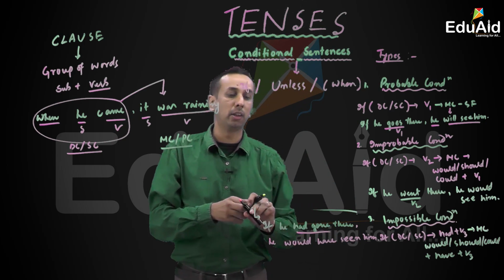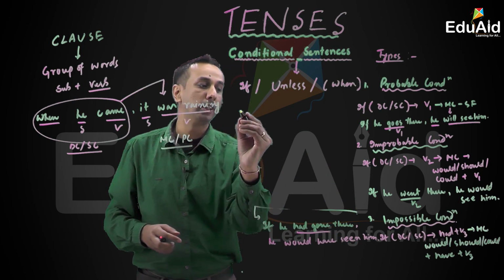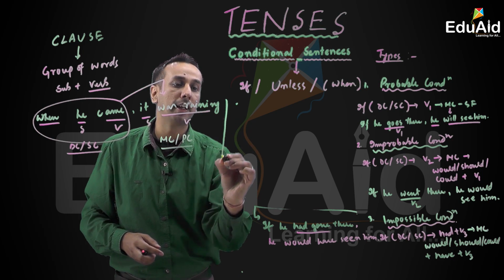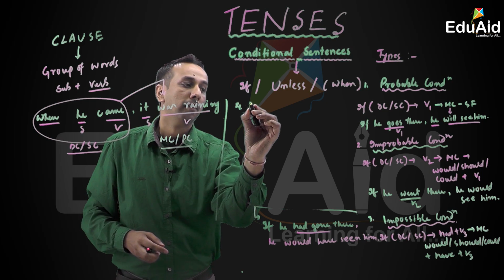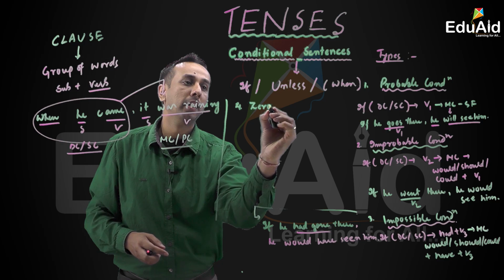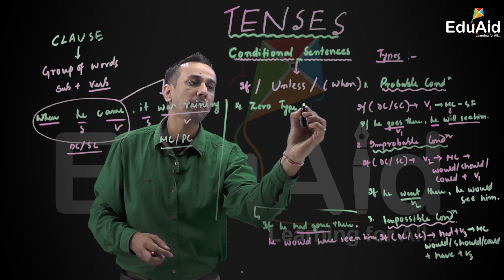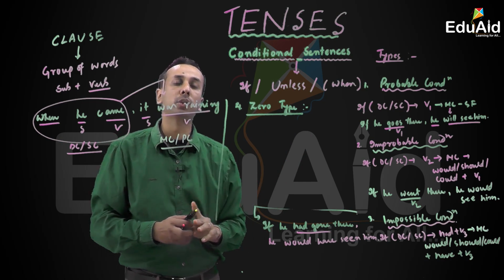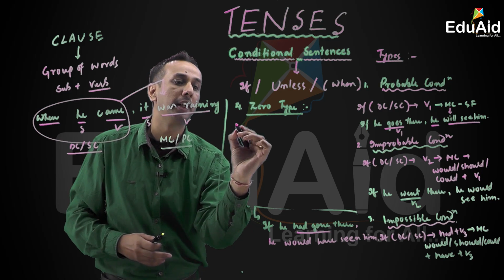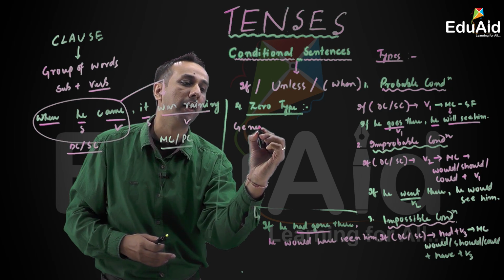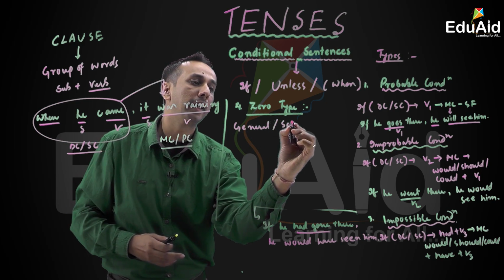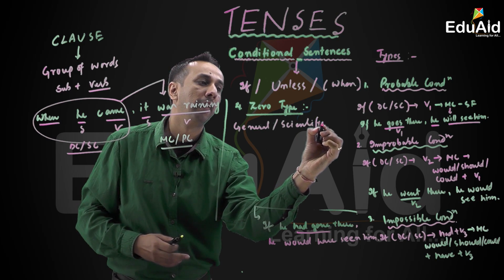In addition to that, we have a zero type as well. By zero type, what do I mean? We use the zero type basically referring to general or scientific facts.